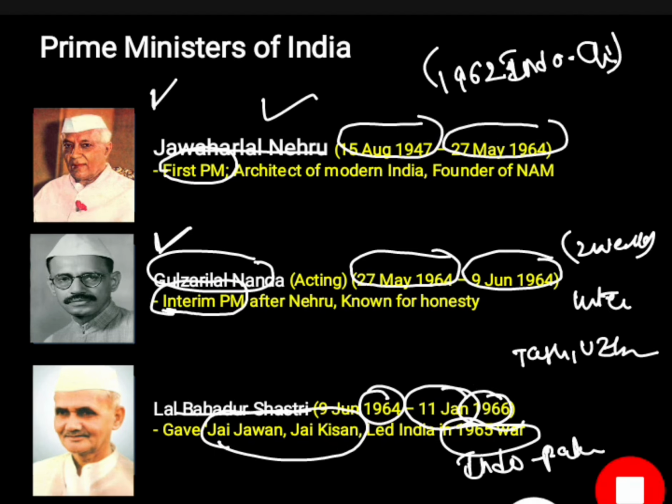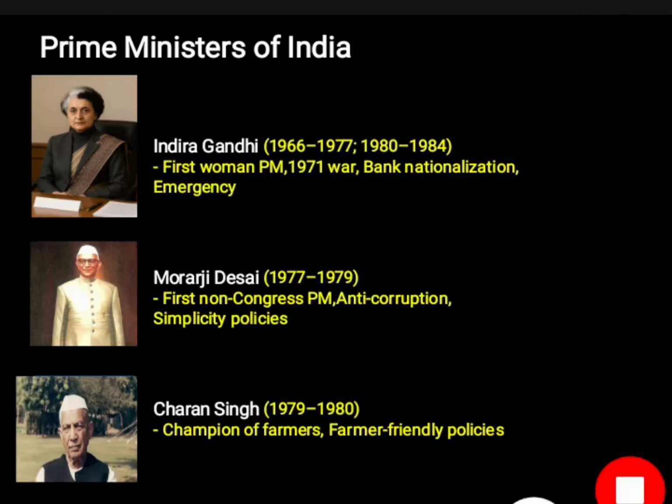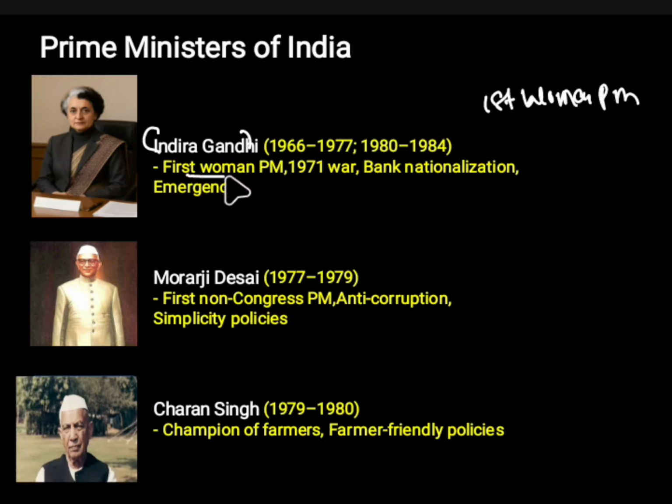And the fourth Prime Minister of India, her name is Indira Gandhi. She is the first woman Prime Minister, and she served the office from 1966 to 1977. So from 1975 to 77, this period is referred to as the emergency period.